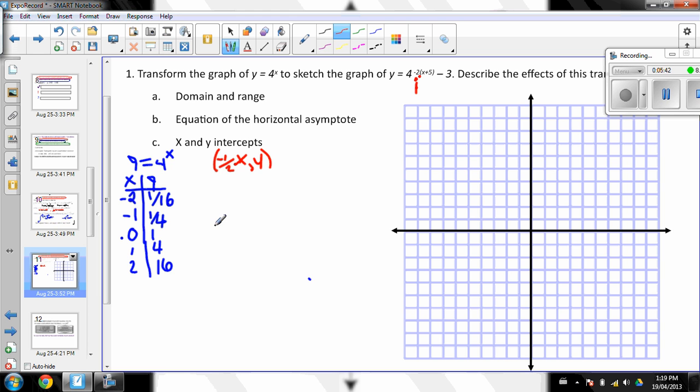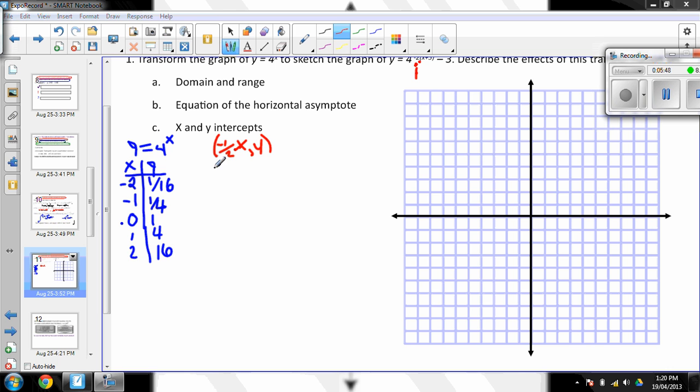Okay, so when I take these x values and multiply them by negative 1/2, I'm going to get negative 2 times negative 1/2 gives me a positive 1, comma 1/16. Negative 1 times negative 1/2 gives me 1/2.